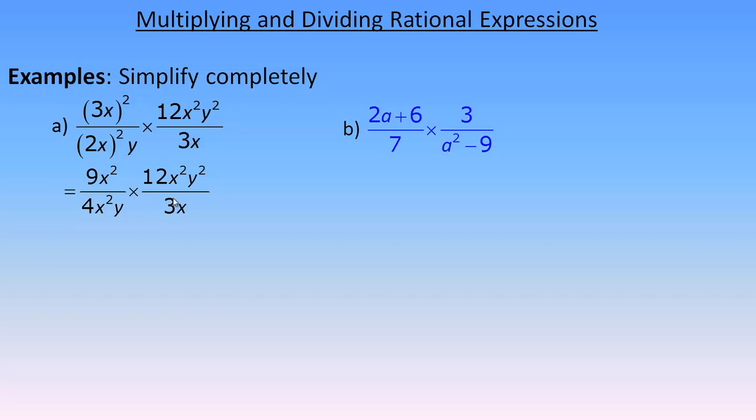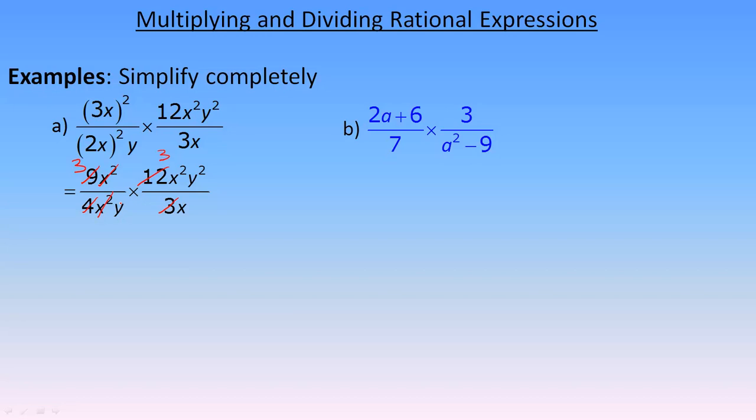Now, at this point, there are 2 things you could do. You could start dividing things out. For example, 3 goes into 9 3 times. And then 4 goes into 12 also 3 times. This x squared divides into this x squared.